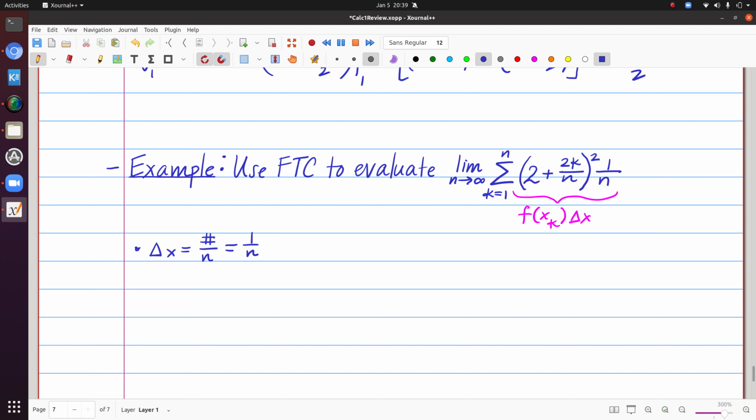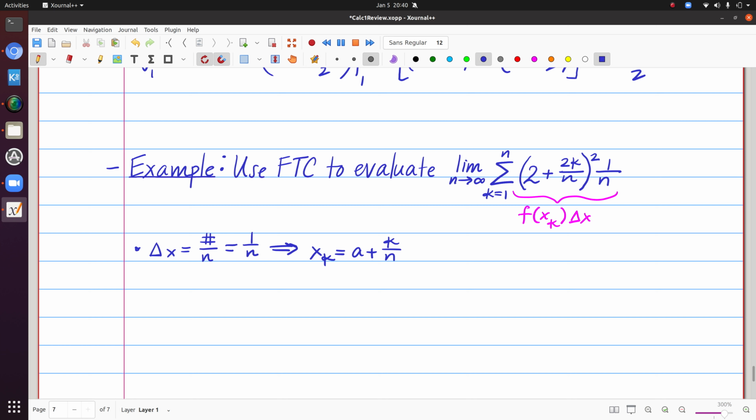If that's delta x, a few things I can then say. That tells me that x_k is a plus k delta x, or in this case, k over n would be k delta x. So now I know what x_k looks like.